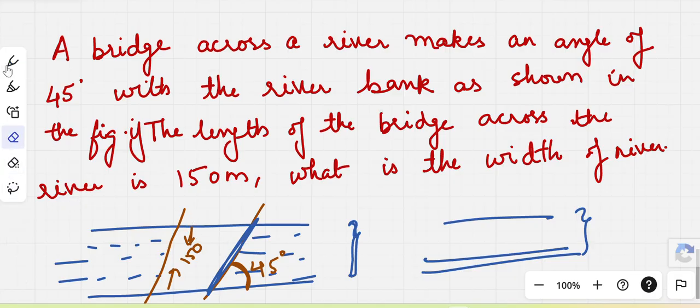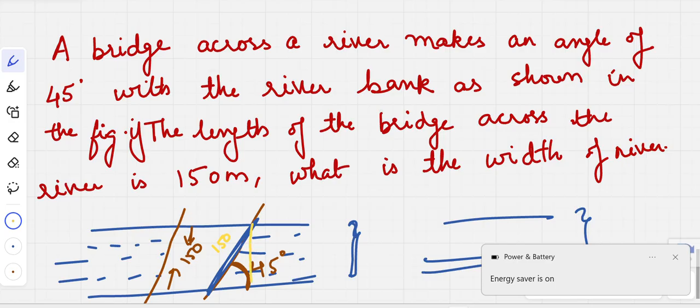So I have to make a line perpendicular here, because there is no perpendicular to find the width of the river. So now we have 150, this is x and this is 45. Figure it out.